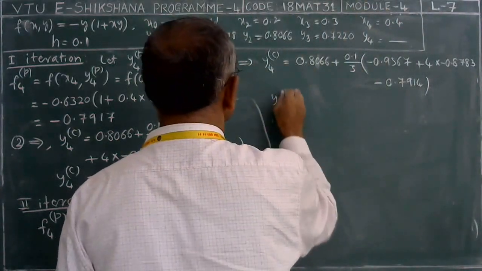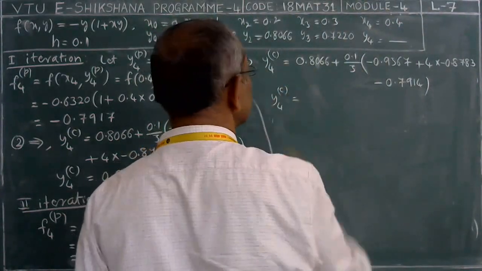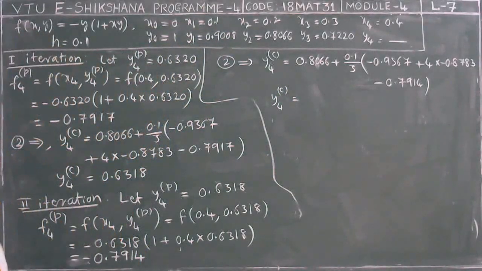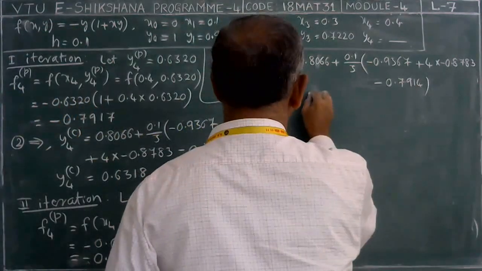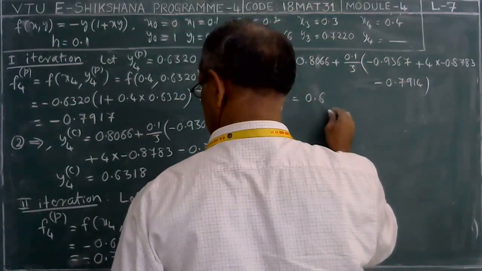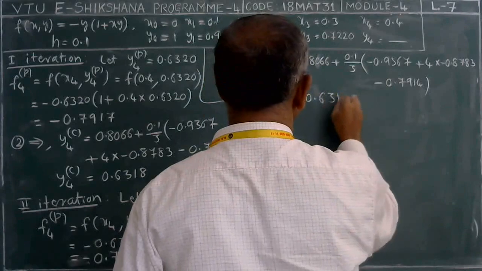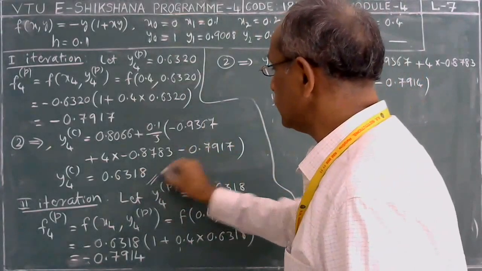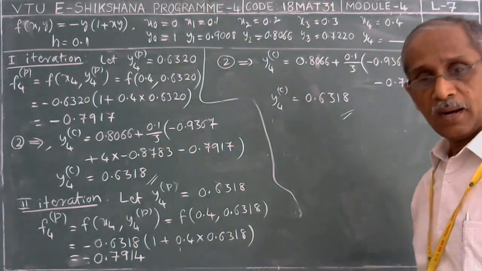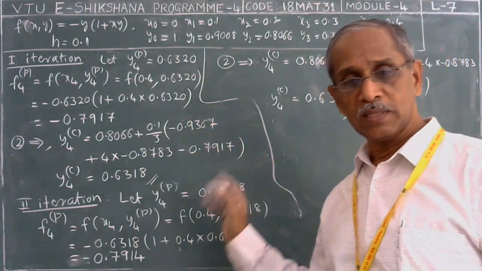So for the second iteration y4c, if you calculate carefully using a calculator, you get 0.6318. Now just observe, the second iterated value and first iterated value are the same up to 4 places of decimals.